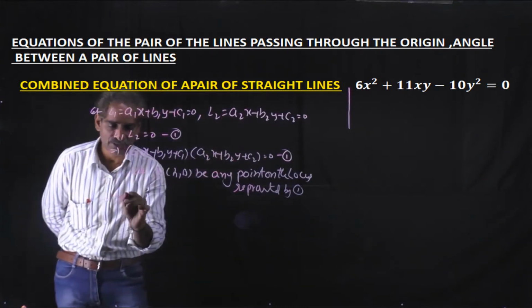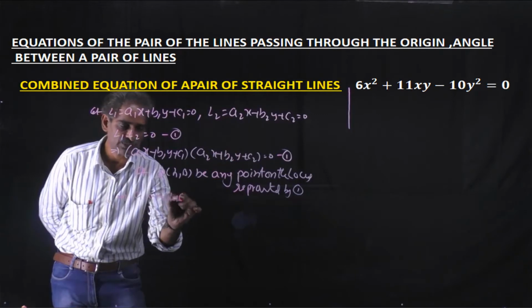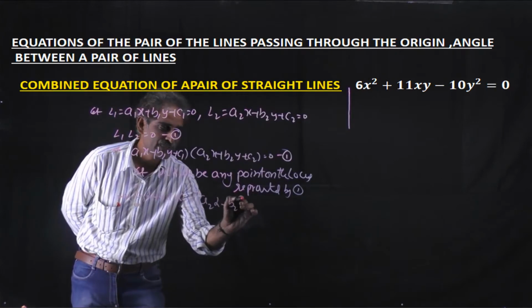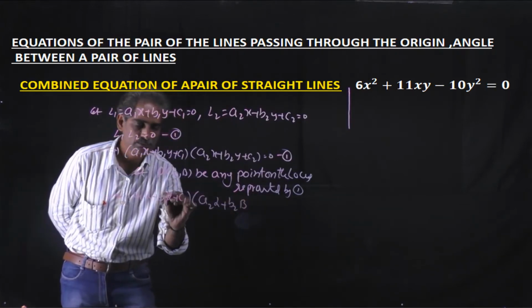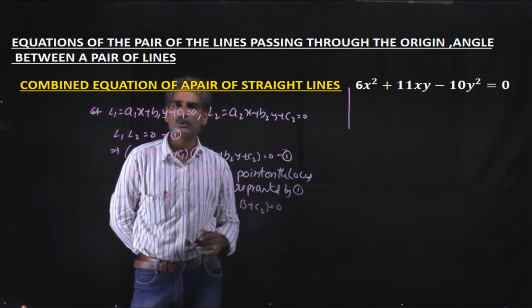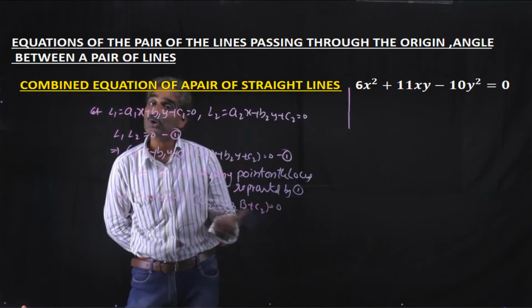This implies (A1 alpha plus B1 beta plus C1) into (A2 alpha plus B2 beta plus C2) is equal to 0. So either the first factor equals 0 or the second factor equals 0.